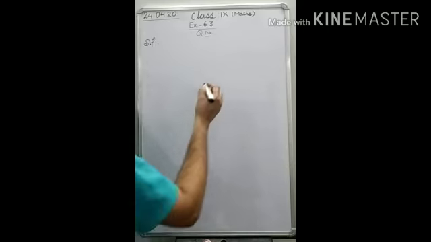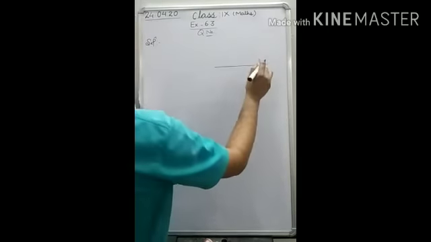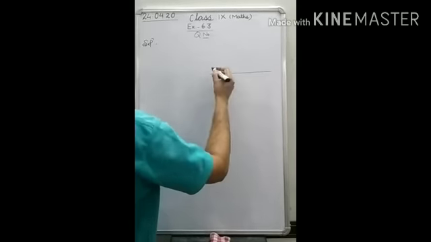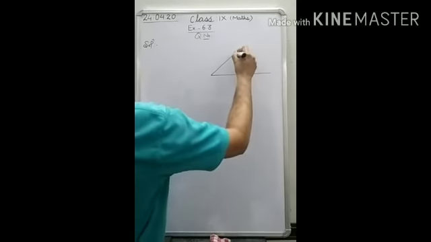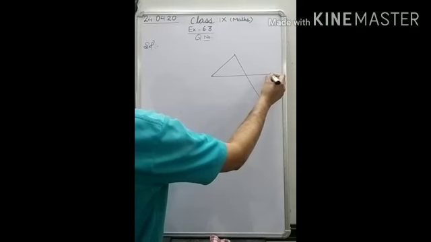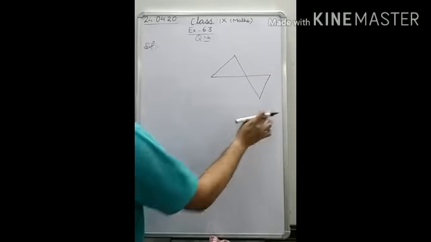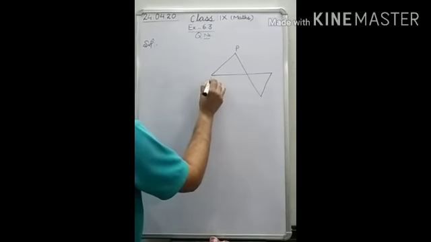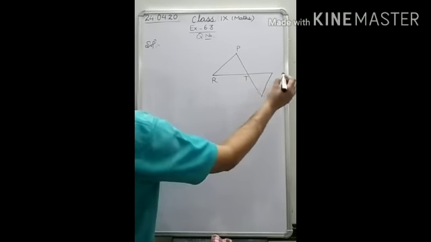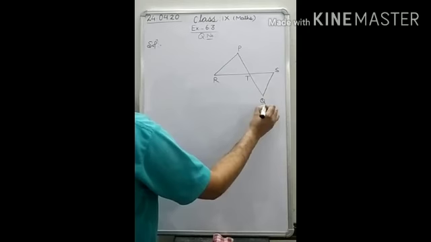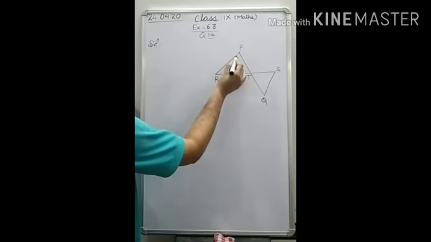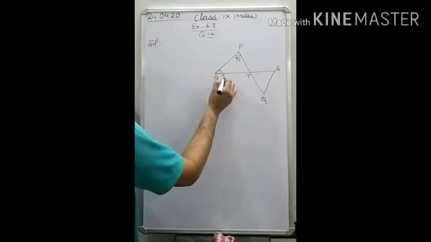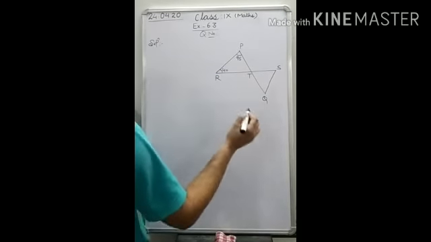So first of all, draw the figure for that. You have been given one line like this. This figure you are having, suppose this is point P, R, T, S, Q. Here the measure of this angle is 95 degrees. The measure of this angle is 40 degrees.